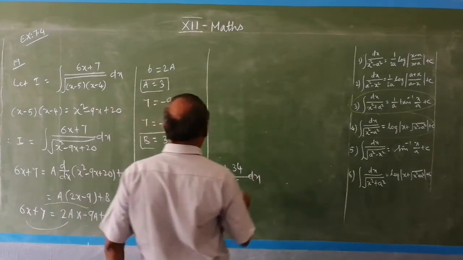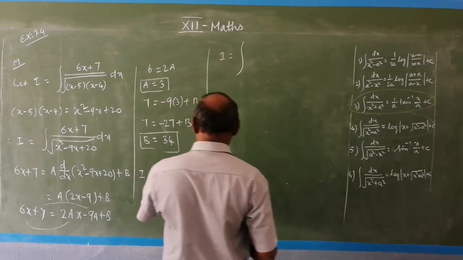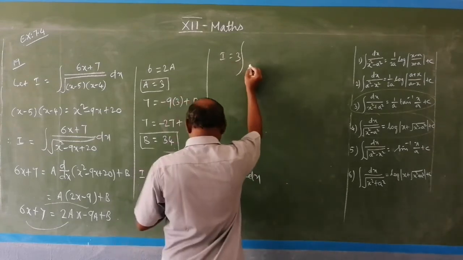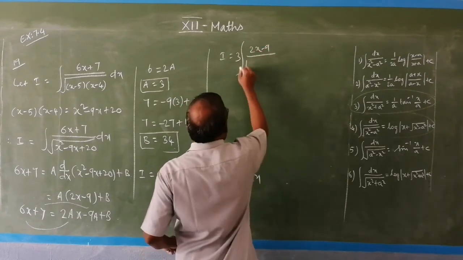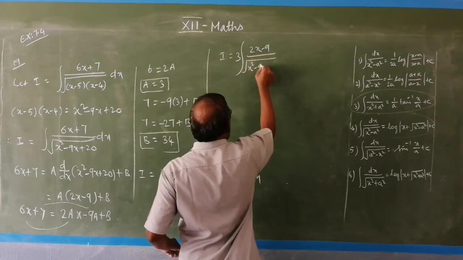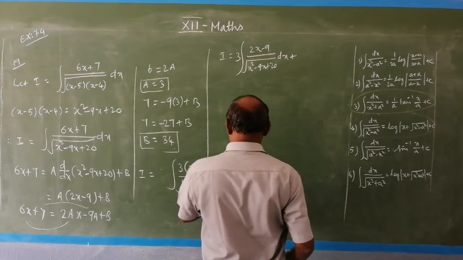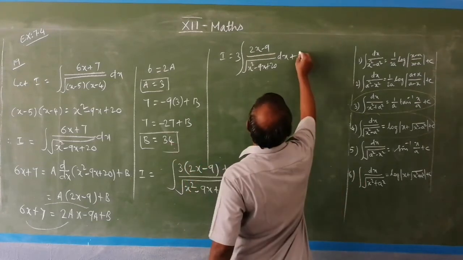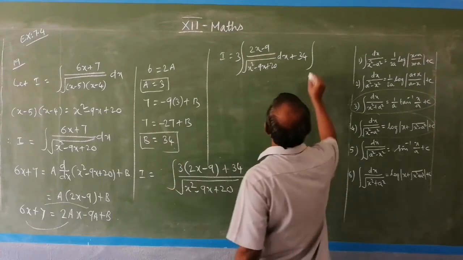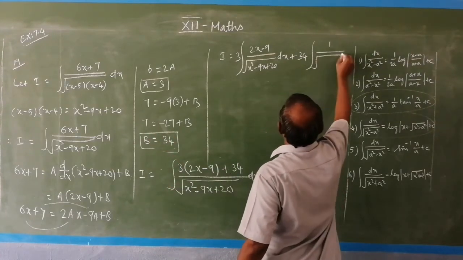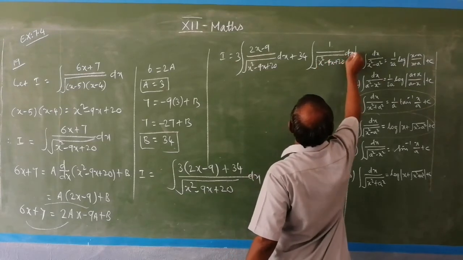So, we can split this into two terms, that is I equal to integral of 3 into (2x minus 9) divided by root of x square minus 9x plus 20 into dx, plus 34 into integral of 1 by root of x square minus 9x plus 20 into dx.